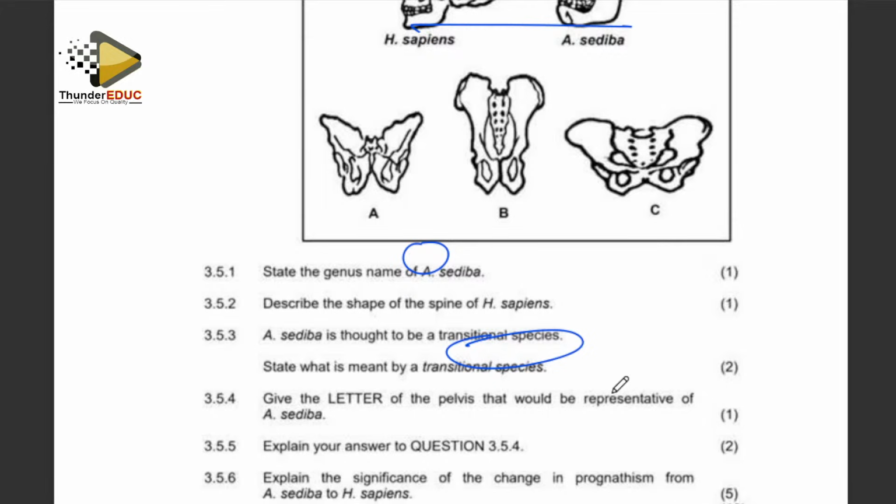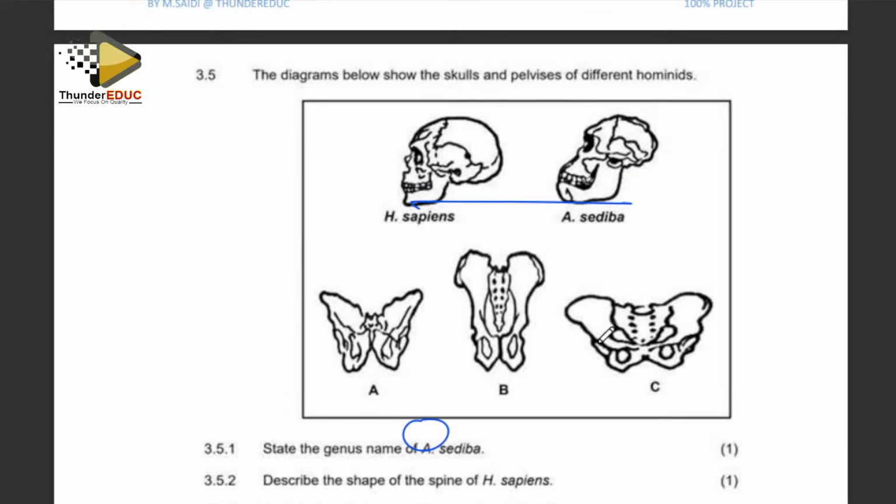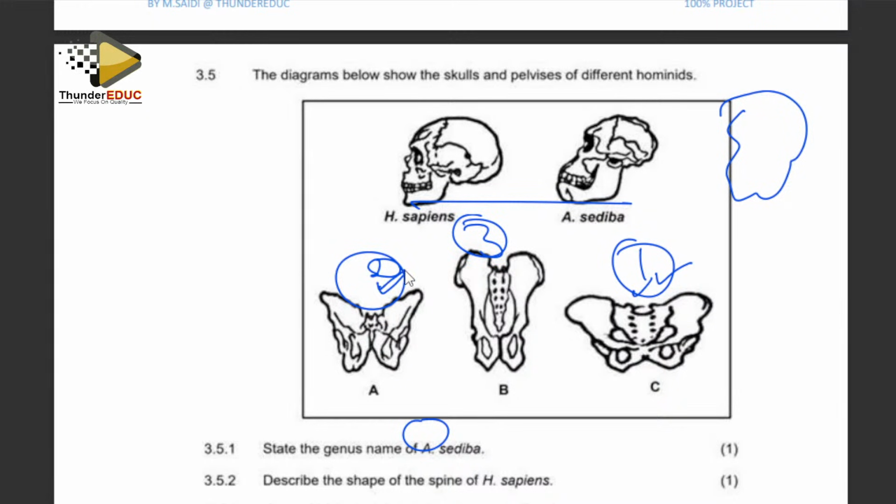Give the reason. If they ask you, for example, if I have skulls here, let me call this one 1, this is 2, and this is 3. This is much more developed, and this one is using 4 limbs.